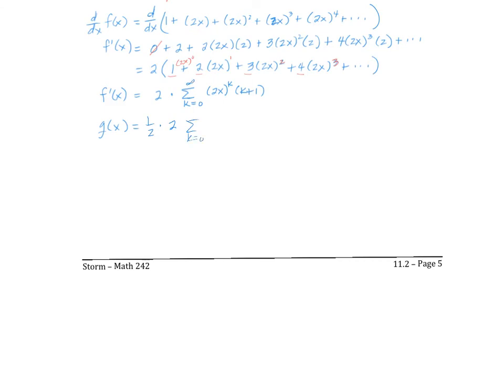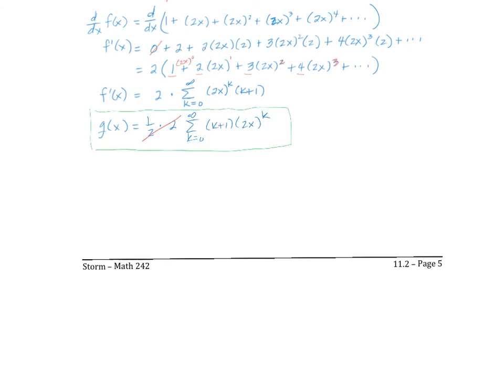Oops, forgot to put to infinity. And I'll put the k plus 1 first because I like it that way. And then here the 1/2 and the 2 would cancel, which means this is my series for g.